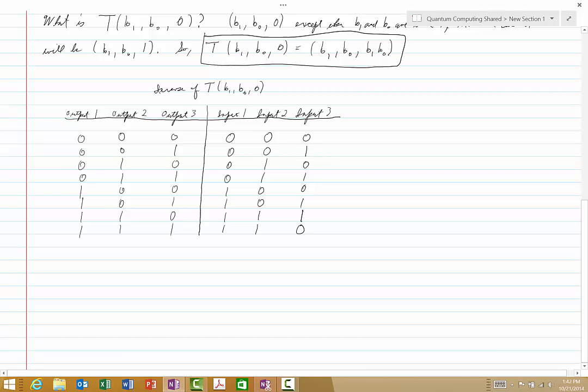We can figure out the inverse of the Toffoli gate, and that will be true for all the cases that we're going to consider.